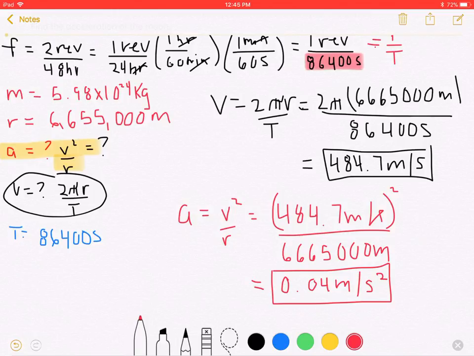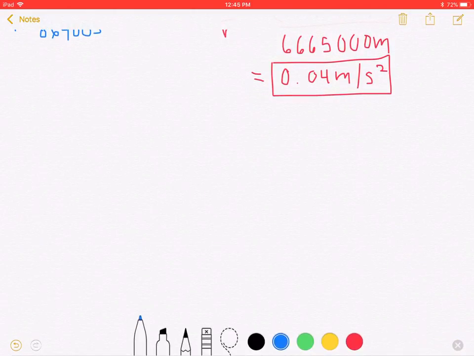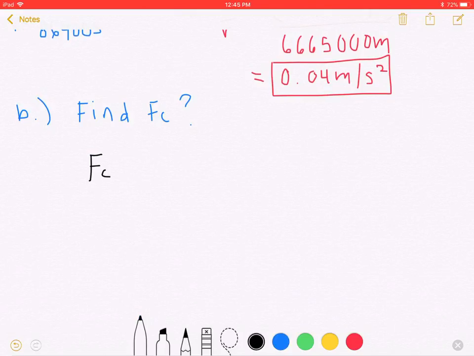Okay, so we could further apply that. Let's say we have a part B, and in our part B, it asks us to find the centripetal force that causes this acceleration. So if we want our centripetal force, F sub c, that's simply equal to m times a.